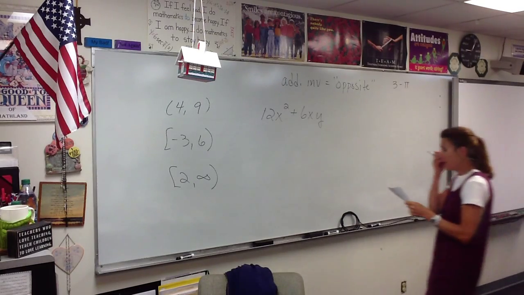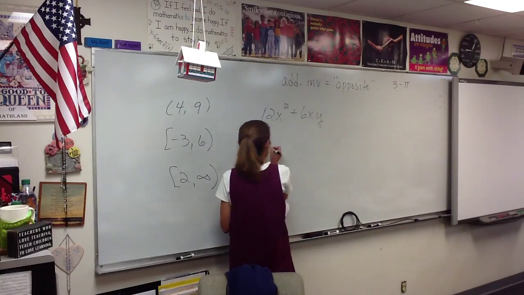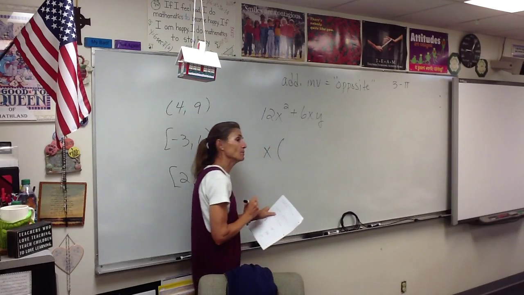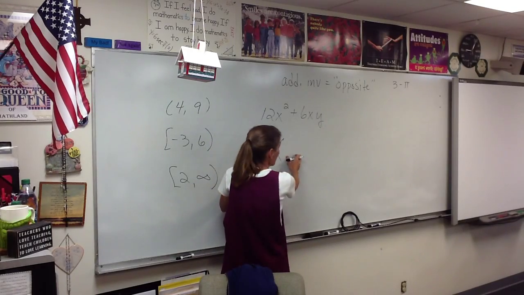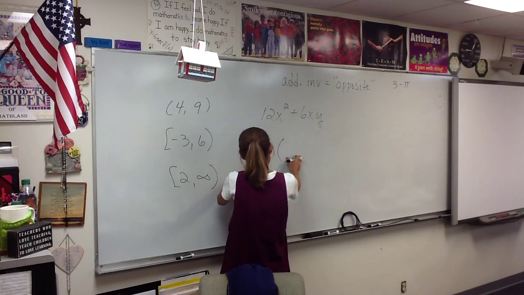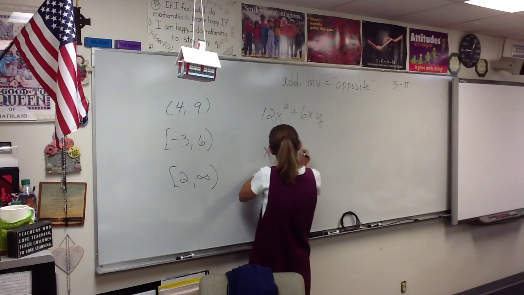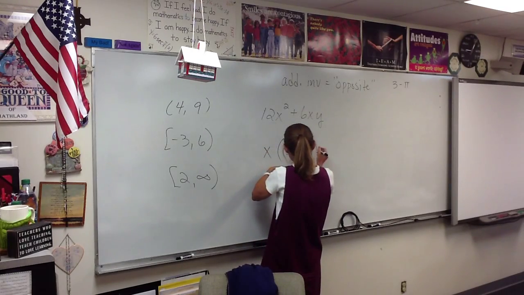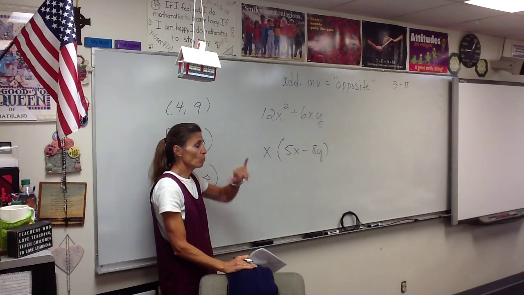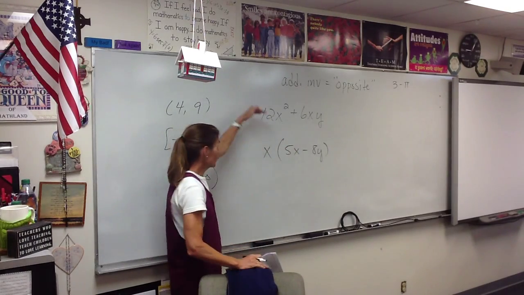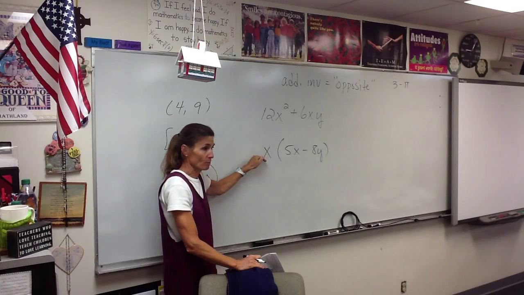So what can we pull out of B? Just an x. Nothing else comes out, just an x. And what would that leave me with in the parentheses if I took out the x? 5x minus 8y. Kids, the distributive property works both ways. Get rid of parentheses, put in parentheses.